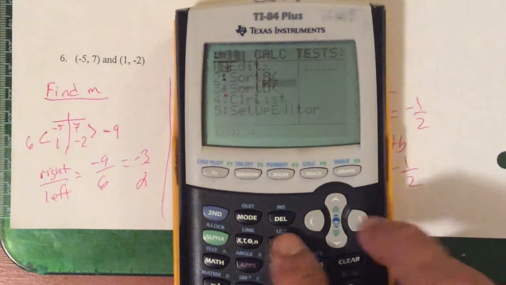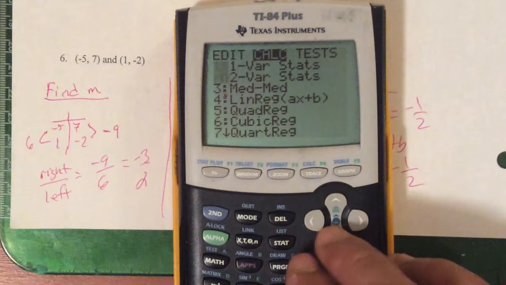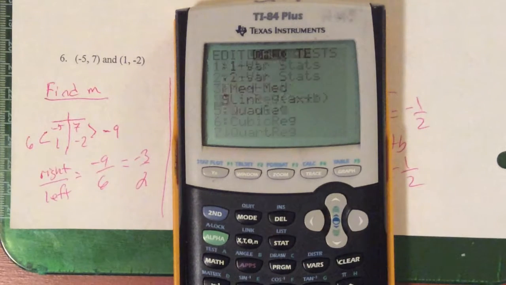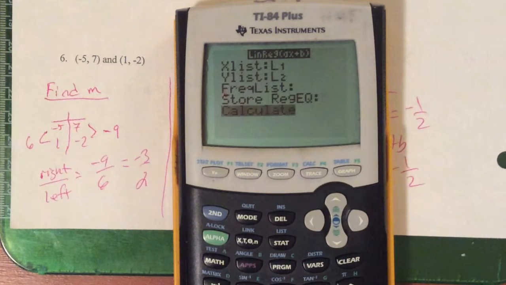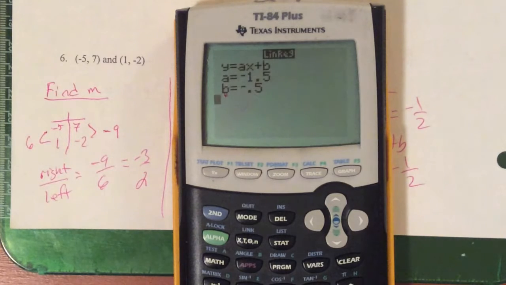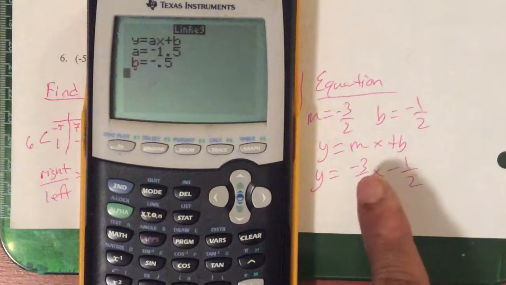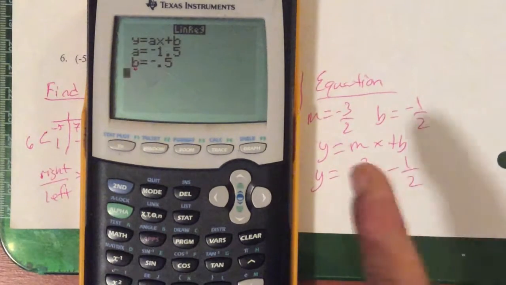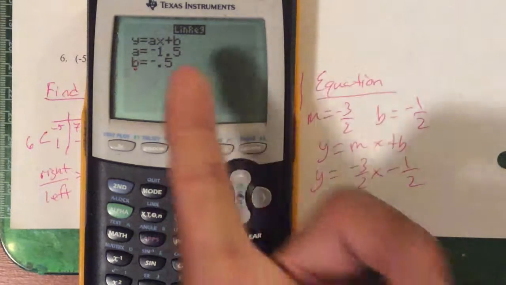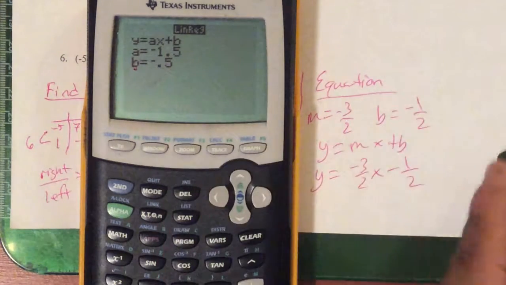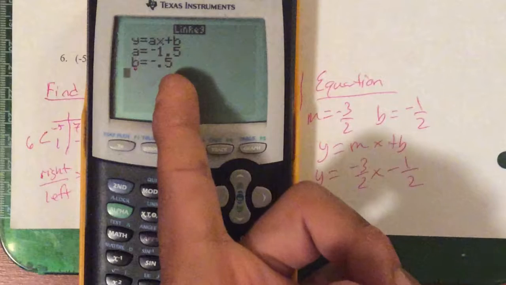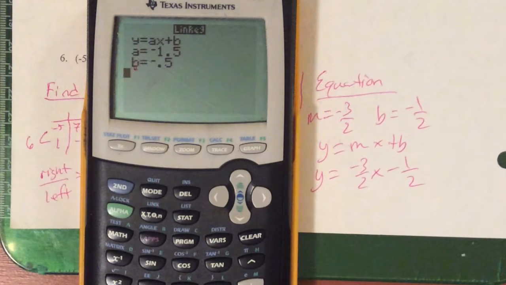So now go back to stat, calculate option number 4, enter, enter, enter, enter, enter. And I got -1.5 and -0.5. Obviously, my answer is a fraction, but you should know that -3/2 is the same thing as -1.5, and -1/2 is the same thing as -0.5. So that means I do have the correct equation.